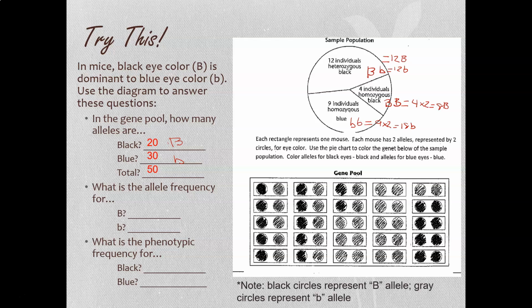Okay, so what does that then mean for the allele frequency? Well, when I look at allele frequencies, now I want to know what's the percentage, really, of the population that has one trait versus the other out of the total collective available alleles in the population as a whole.